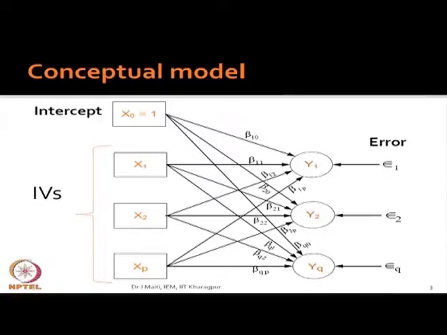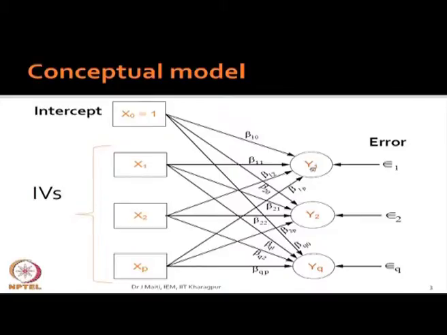MVLR and MLR. Okay. So, in this diagram you see there are two parts. First one is this y1, y2, yq, right hand side, and on the left hand side you see x0 to xp. The right hand side part is known as the dependent part, the left hand side part is known as the independent part. What do we mean by this?